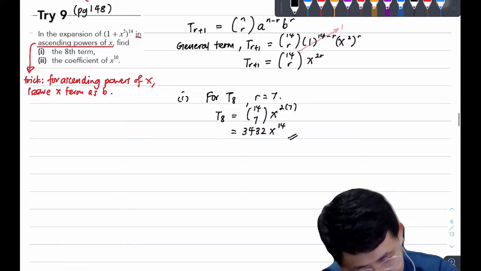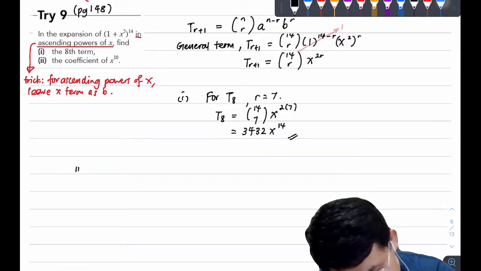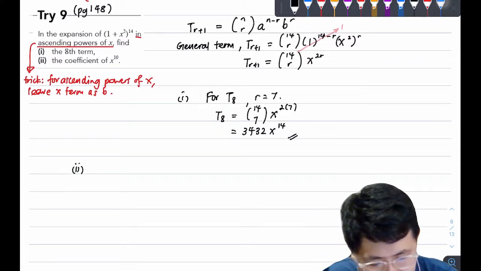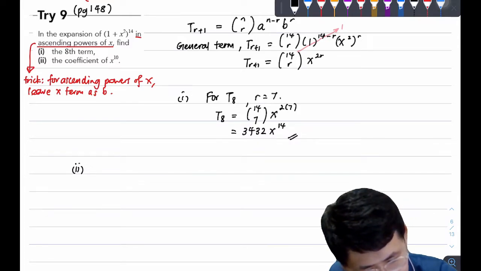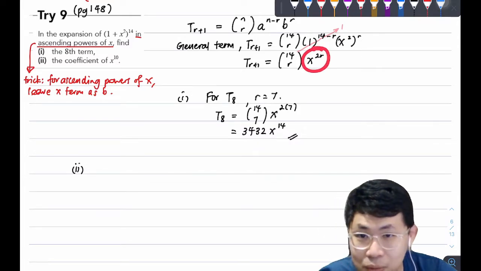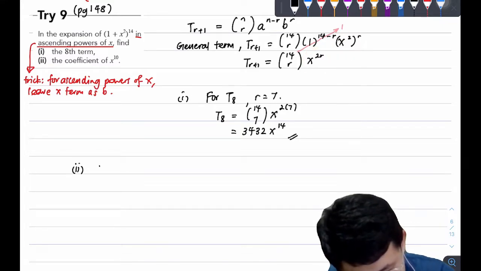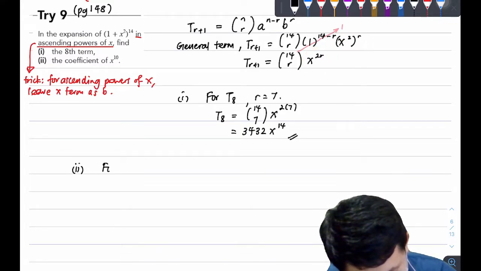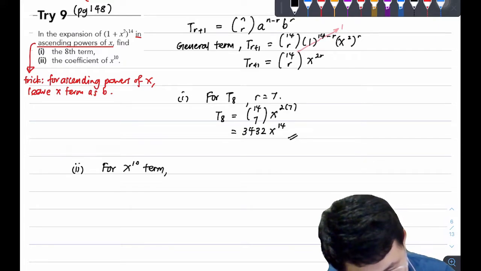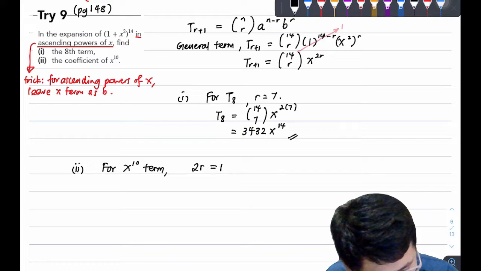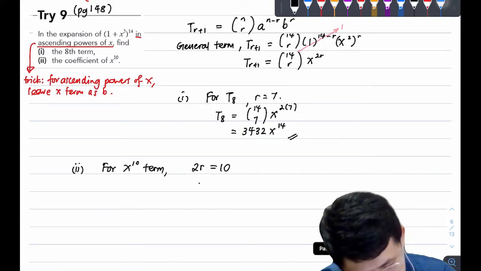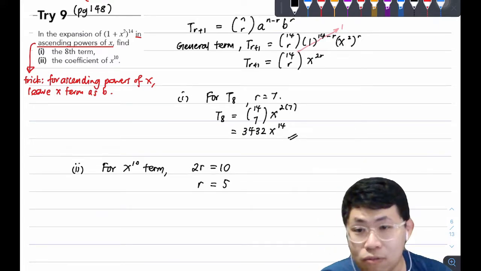Okay, next one. For the second part, which is the more interesting one, find the coefficient of x to the power of 10. So we need to look for the x term where the power is equal to 10. For the x to the power of 10 term, the power 2r is going to be equal to 10, so r is going to be equal to 5.